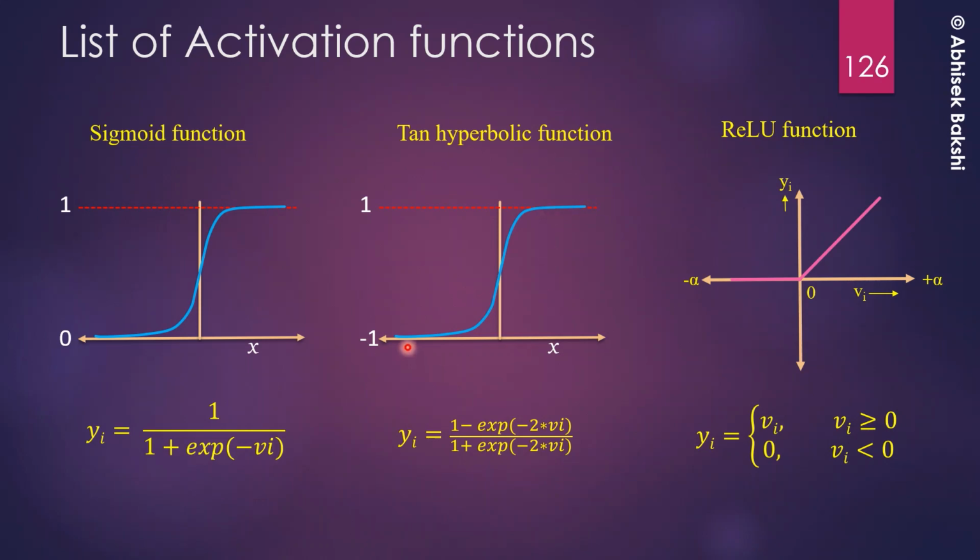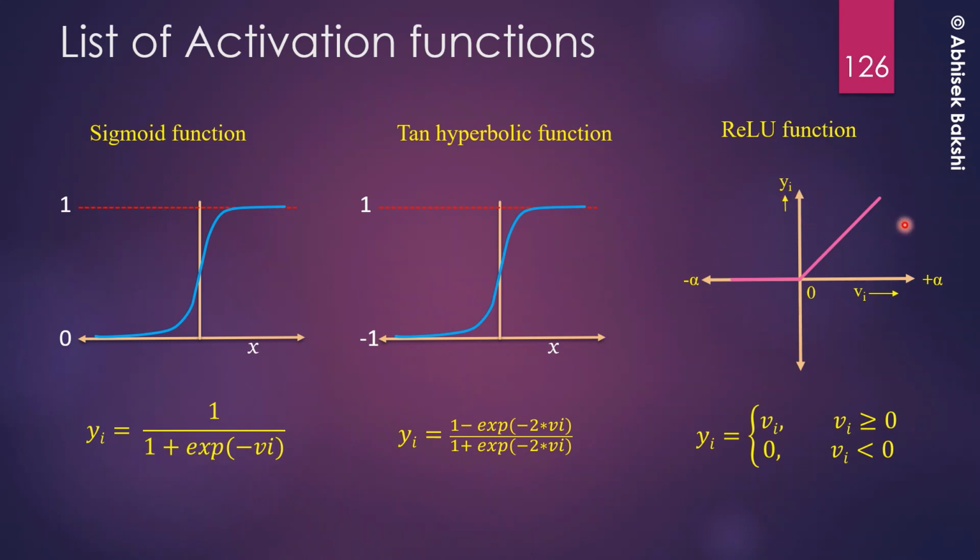And there is one more very interesting function that we call ReLU. The full form of ReLU is rectified linear unit. The rectified linear unit is mostly used in deep learning. We will see that when we start understanding deep learning in future. The idea of rectified linear unit looks something like this.